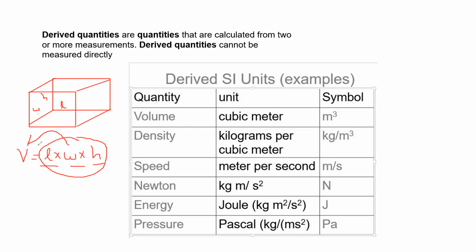If it is capital G, it means giga. Capital M means mega. Capital K means kilo. Small p means pico. Small n means nano.